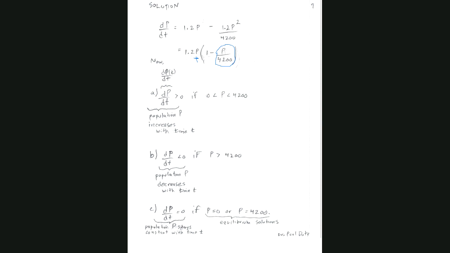So since the derivative of P with respect to t is greater than 0 when P is between 0 and 4,200, that means that when P is between 0 and 4,200, the population is increasing with respect to time. So the answer to A is this. P is between 0 and 4,200. Are there any questions on that?